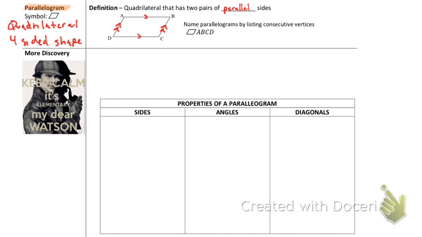You also could list it as parallelogram DCBA, as long as the letters you use are in consecutive order, one after the other.